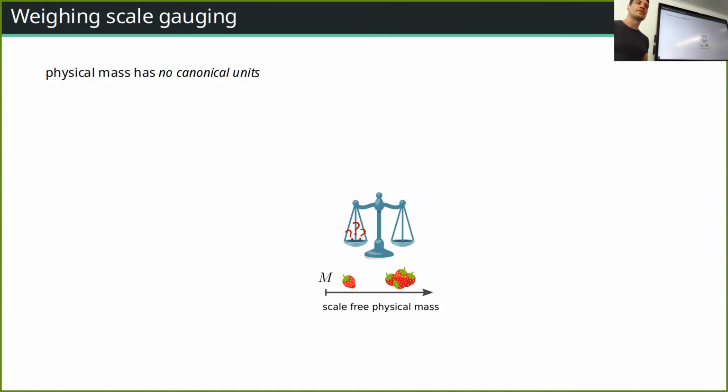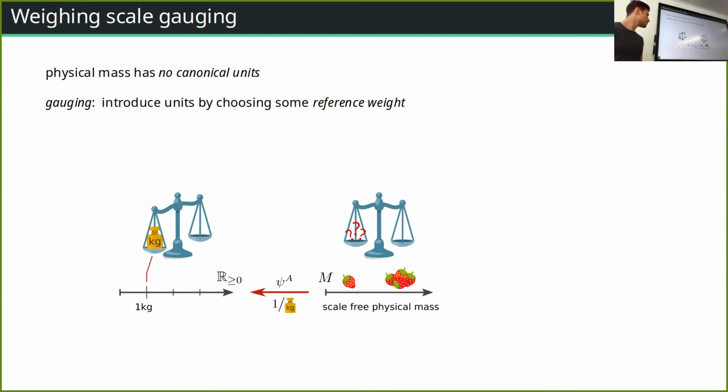And I will start with a toy example, which you probably know from everyday life, which is the example of gauging a weighing scale. And the point there is you want to measure a certain mass. And if you want to implement a neural network which has physical mass as an input, you need to represent it somehow numerically. And the mass itself doesn't have a numerical value attached to it. And what you do is you measure it relative to some choice of reference weight.